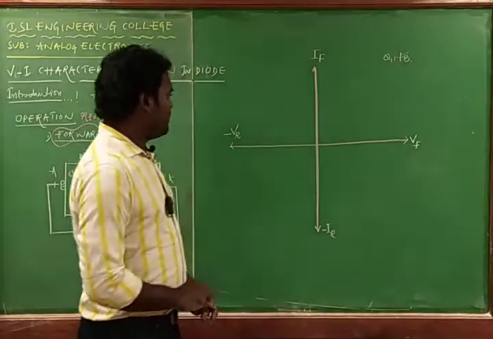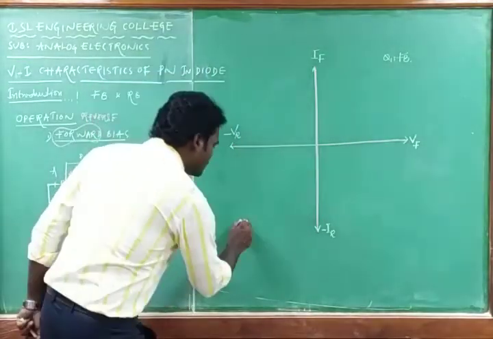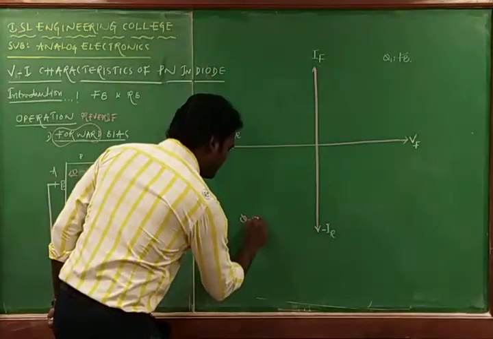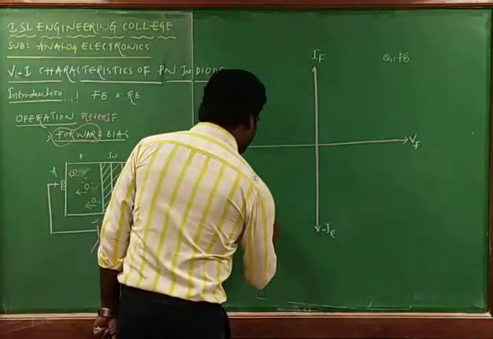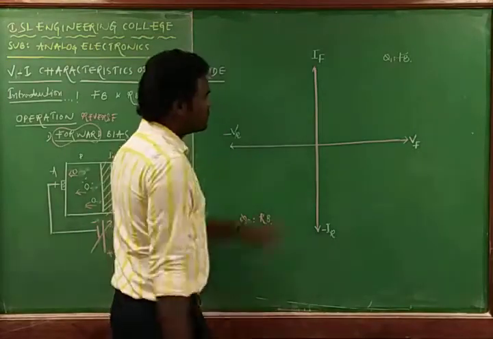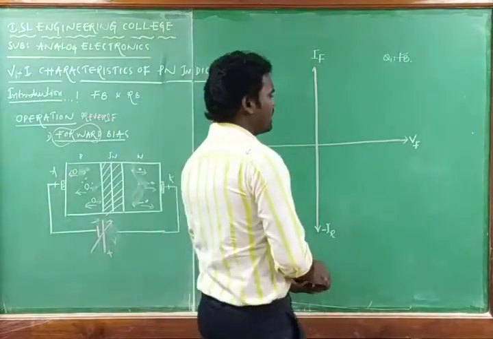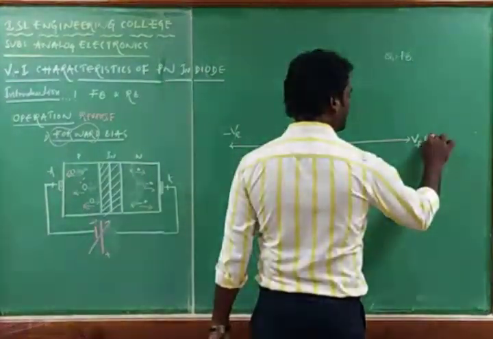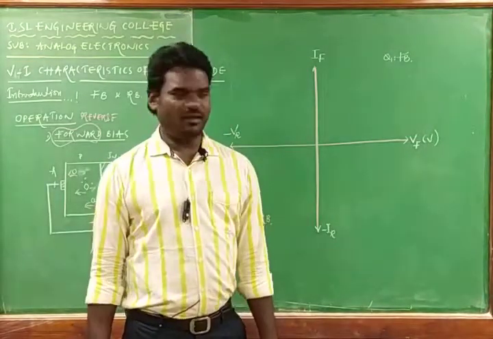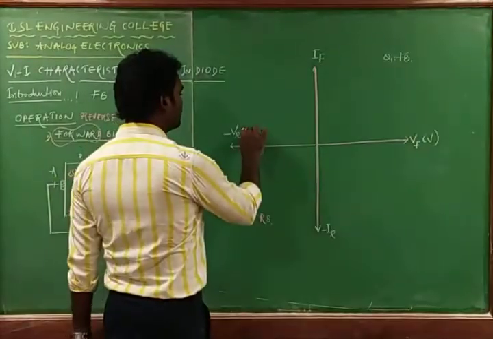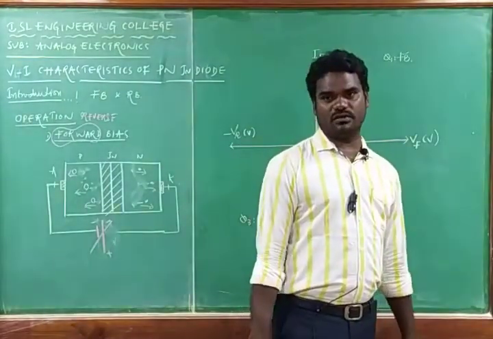F stands for forward bias and R stands for reverse bias, so quadrant 3 gives the VI characteristics of the PN junction diode when it is connected in reverse bias. This is forward bias and this is reverse bias. In forward bias, we take the voltage in units of volts: 1 volt, 2 volts, 3 volts. In reverse bias also, we take the voltage in units of 1 volt, 2 volts, 3 volts.